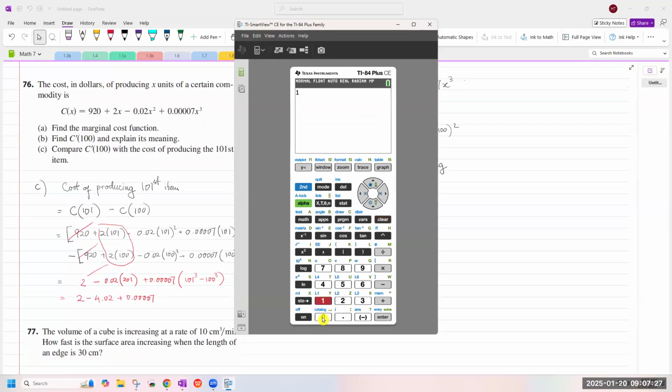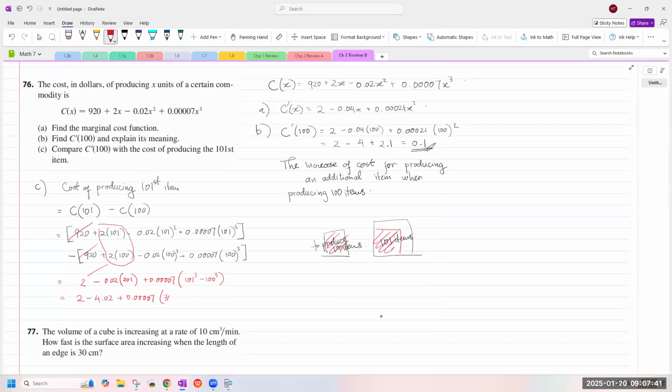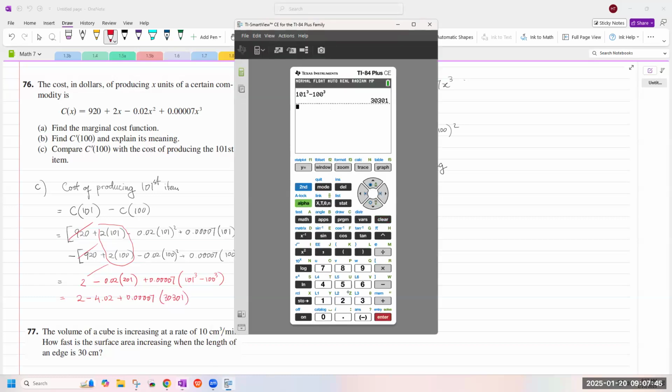So 101 cubed minus 100 cubed, 30301. This is 30301. And then I want to multiply that by 0.00007. That's 2.12107.